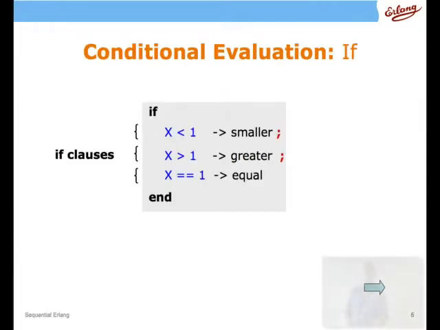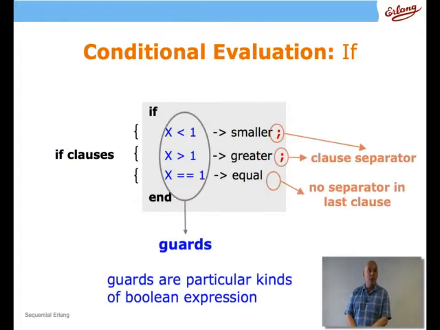The other form of conditional evaluation is the if. And if again is delimited by the keywords if and end. There are a number of if clauses which again are separated by semicolons. What comes at the head of each clause is a Boolean expression called a guard.